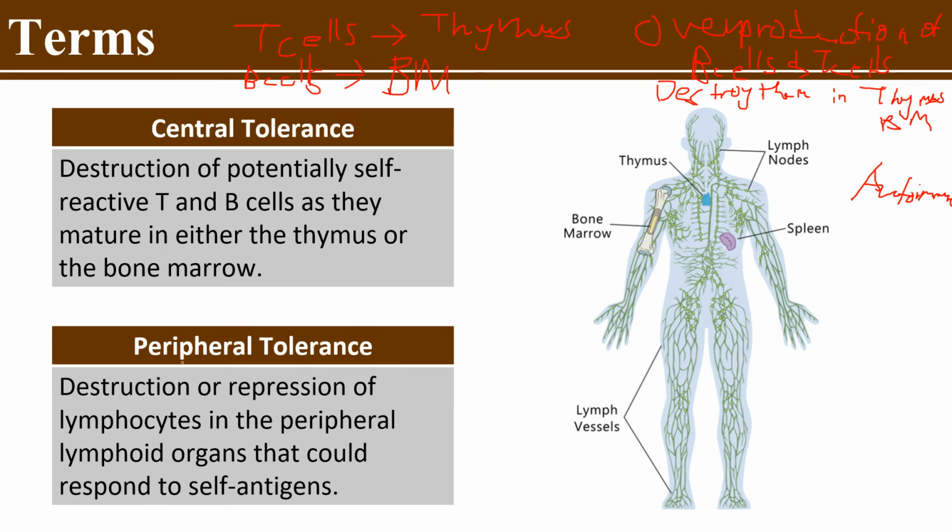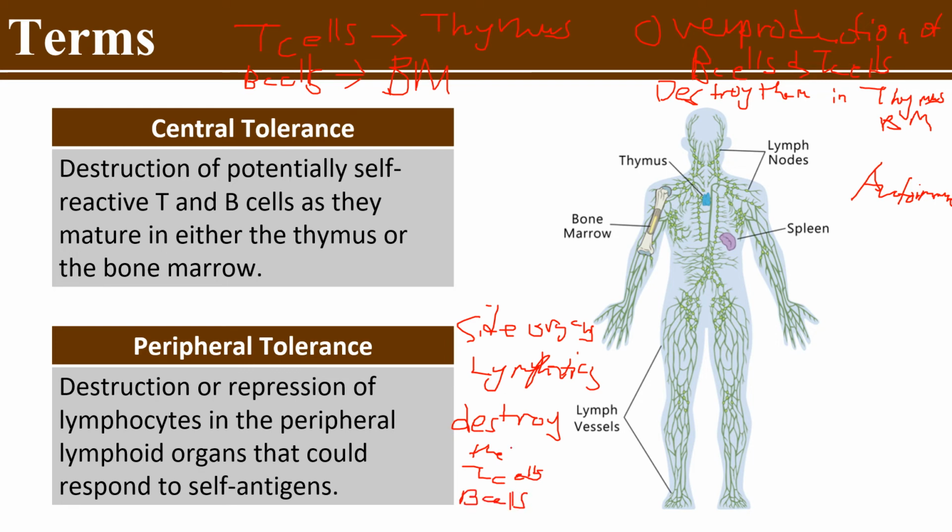Now, what happens are the side organs of your lymphatic system, such as your lymph vessels, your lymph nodes and the spleen, would destroy the T cells and B cells to avoid, again, autoimmune disorders. So that's your peripheral tolerance.